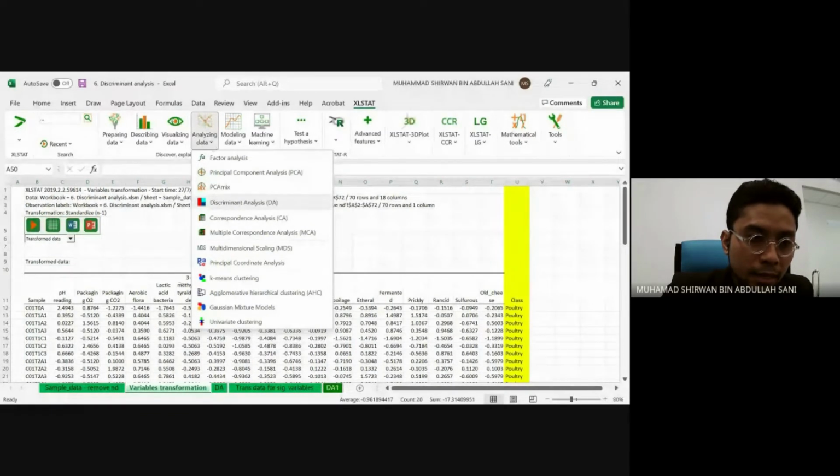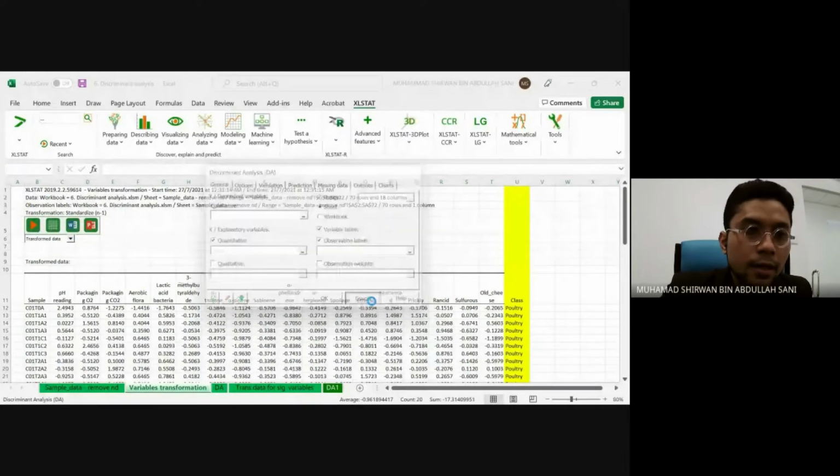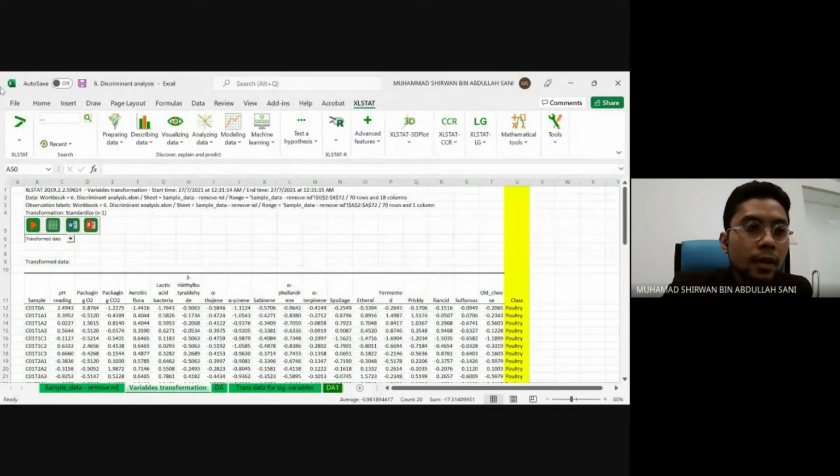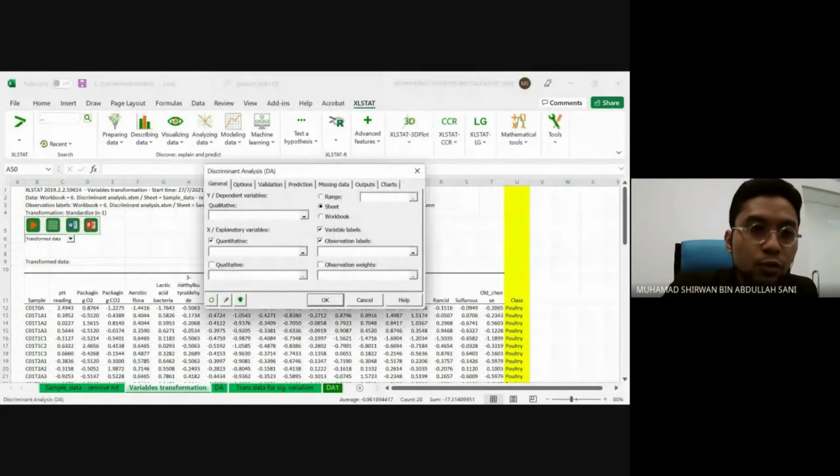Click discriminant analysis, and then you will get this dialog box. Okay, again, go to your XLSTAT, click the XLSTAT icon, go to analyzing data, choose discriminant analysis. So you will get this dialog box.